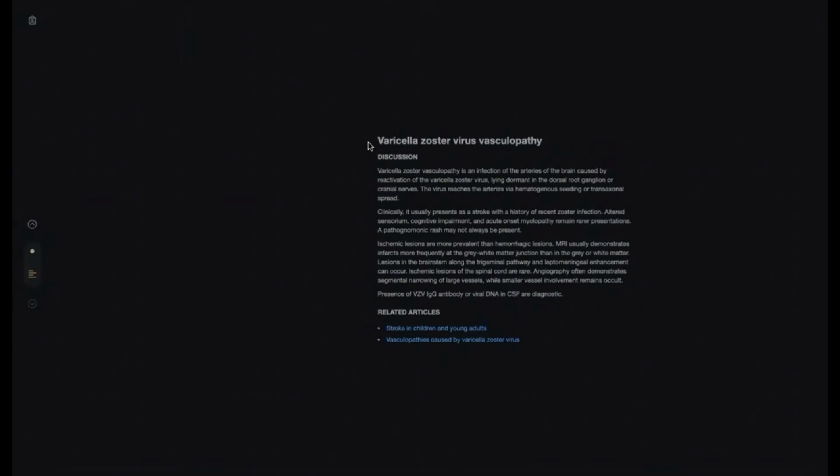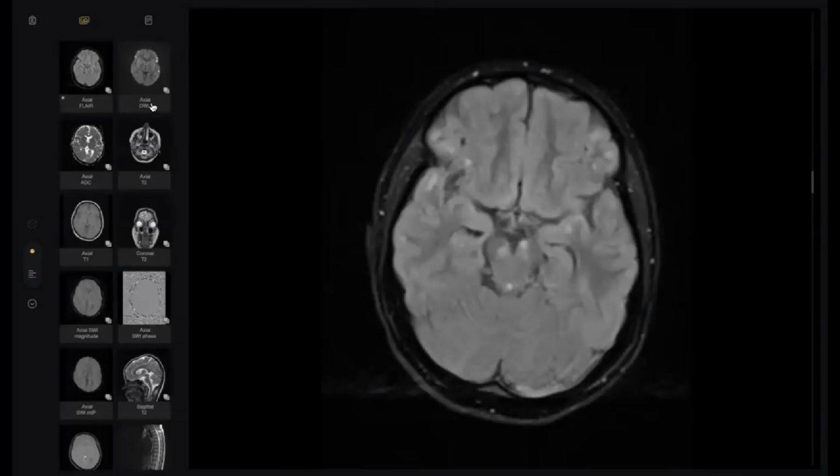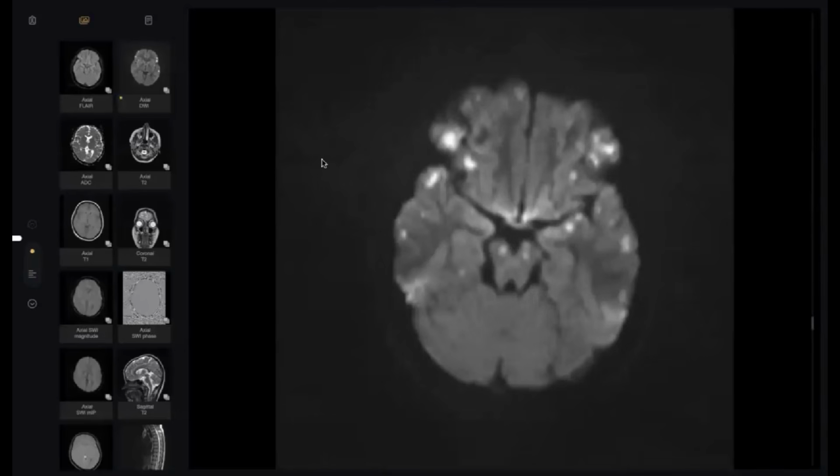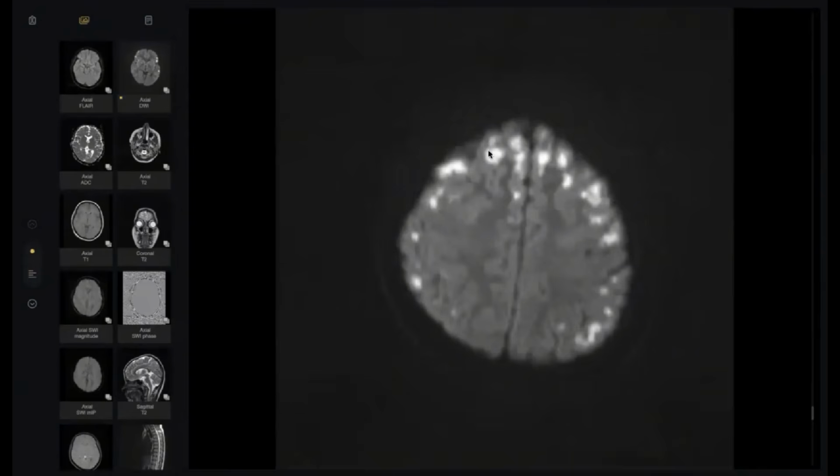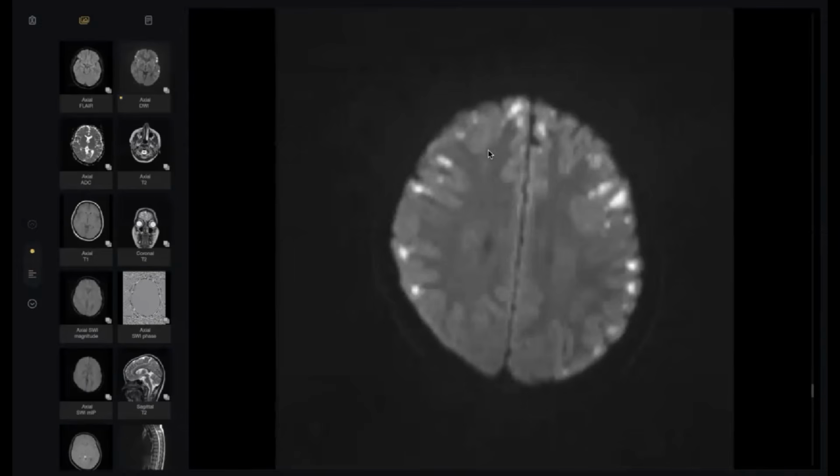Give the mouse, please. She got this diffusion. There are nearly symmetrical peripheral lesions at the area of the corticomedullary junction. When you find something very symmetrical like this, think about something systemic or generalized.